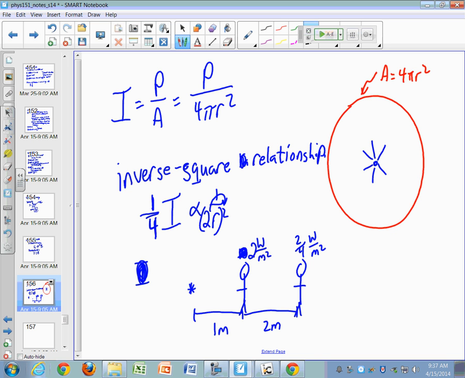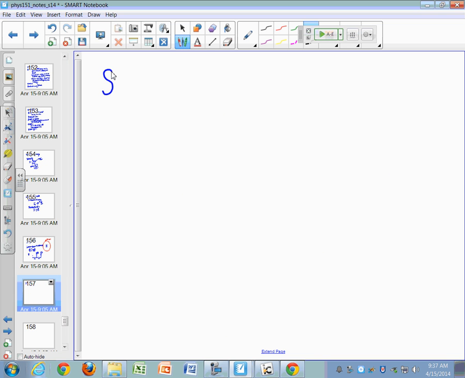Okay, let's look at sound intensity level. This is the way that we measure sound as it impacts the human ear. It's based on a logarithmic scale.